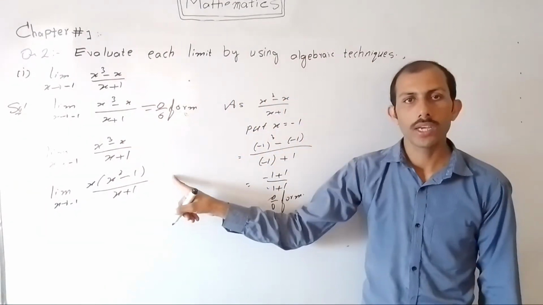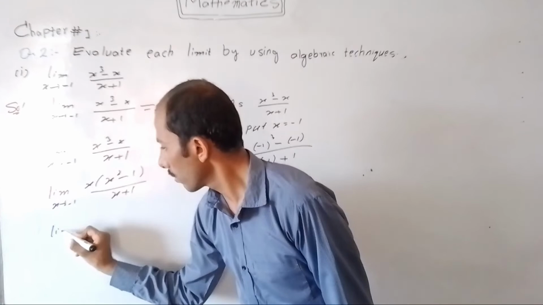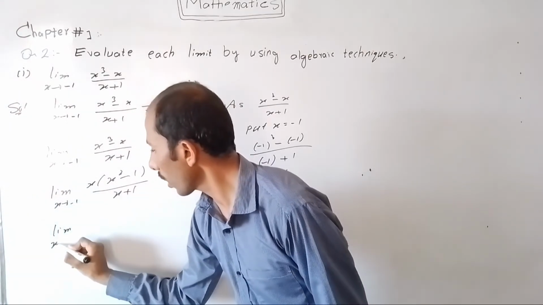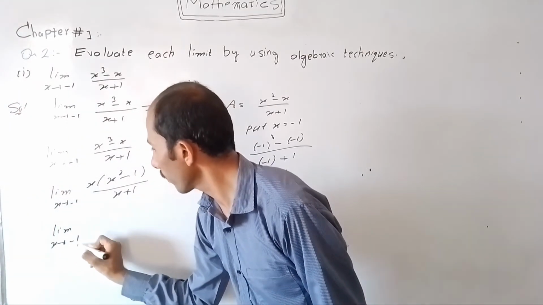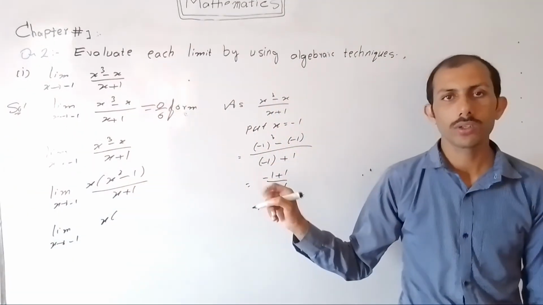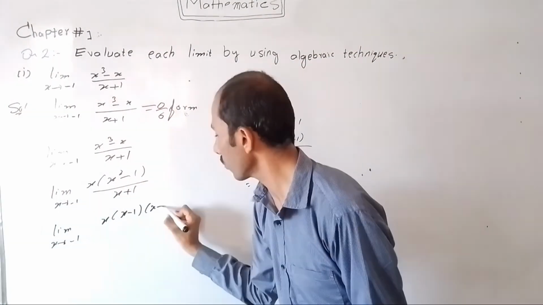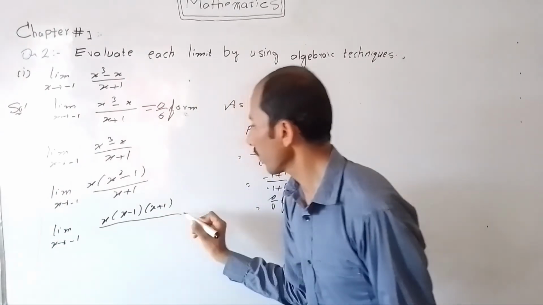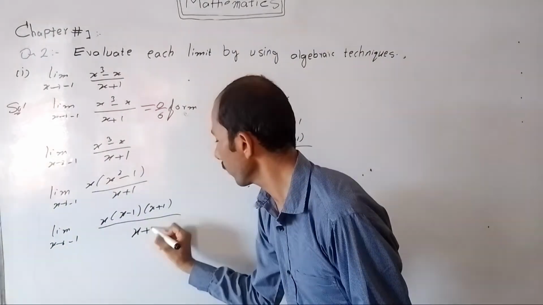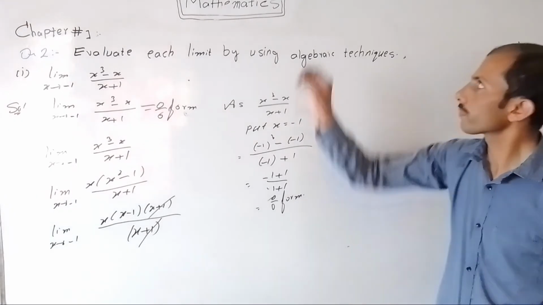So we rationalize the numerator function. Limit x approaches to minus 1, x into x square minus 1 can also be written in the form of x minus 1 into x plus 1, all divided by x plus 1. x plus 1, x plus 1 cancel.